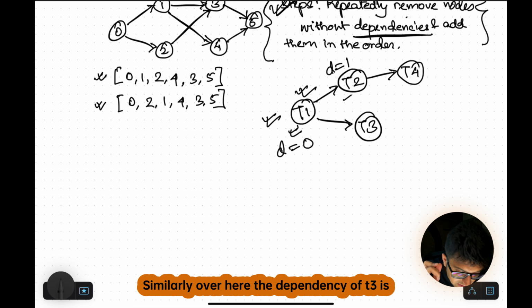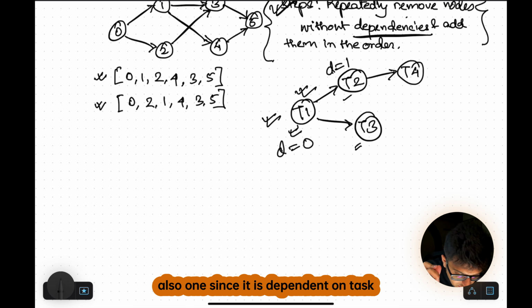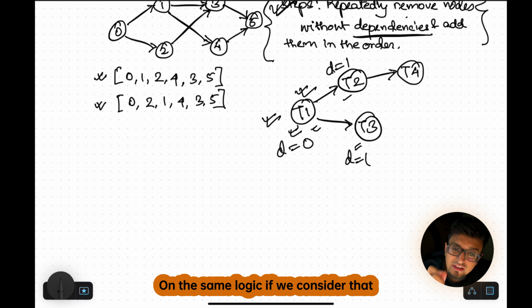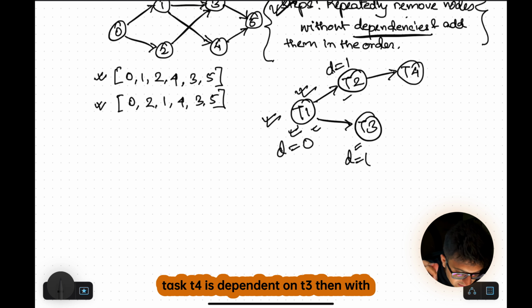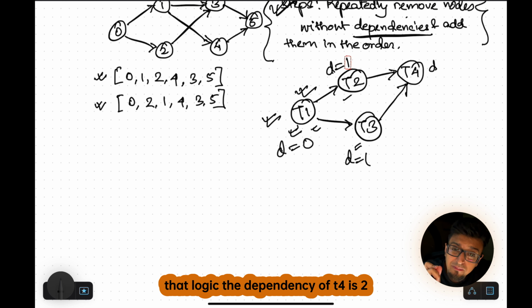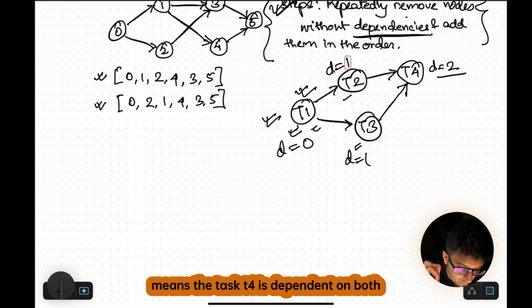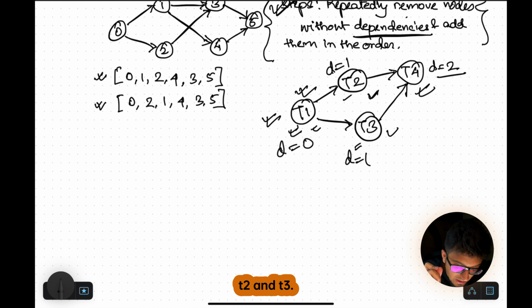Similarly, the dependency of T3 is also 1 since it is dependent on task T1. If we consider that task T4 is dependent on T3 as well, then the dependency of T4 is 2, meaning T4 is dependent on both T2 and T3.